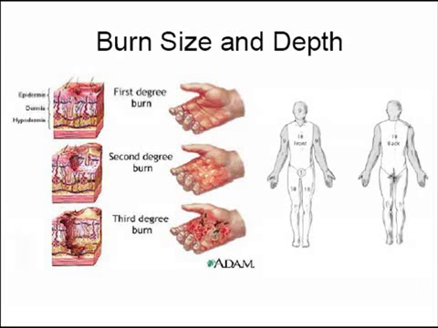Many of these components decide if a patient will go to the operating room and how much fluid resuscitation they would need. And fluid resuscitation is a major component of burn treatment, especially in the first 24 hours, where it is based off of a mathematical formula called the Parkland formula, and it uses 4 mLs of fluid for resuscitation per kilogram per total body surface area burn, with the first half of that value that you calculate given over the first 8 hours, and the remaining half given over the next 16 hours.